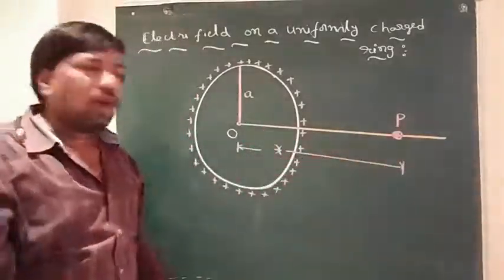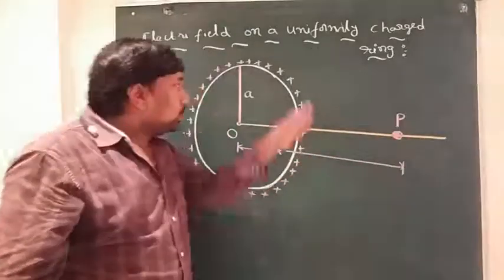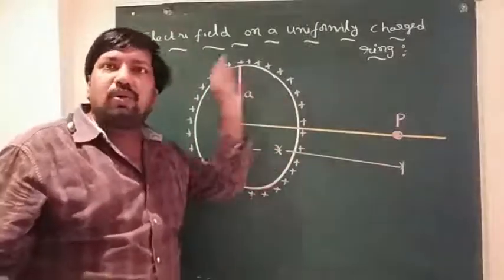Now we can find out the electric field at point P due to the uniformly charged ring.